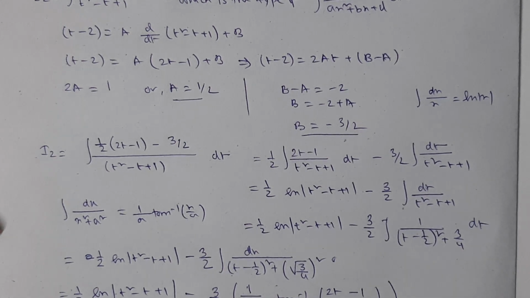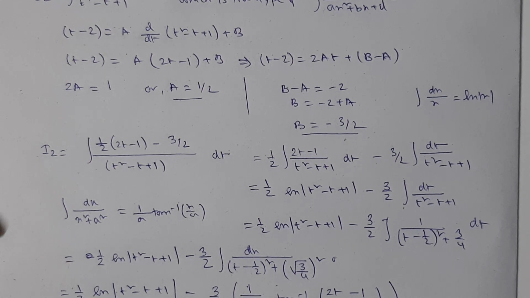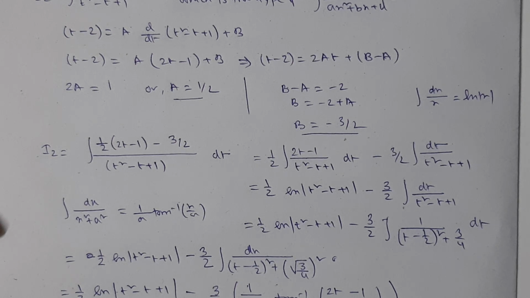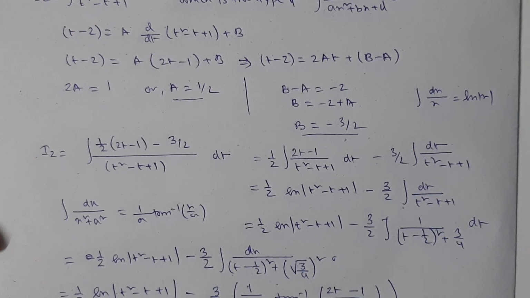So this is our formula: half ln (t² minus t plus 1) minus root 3 tan inverse (2t minus 1) by root 3, plus c.